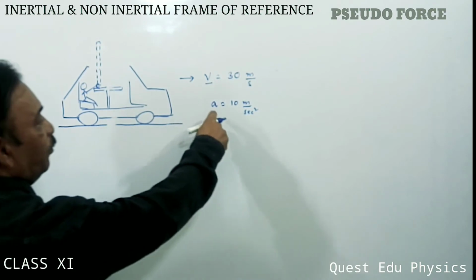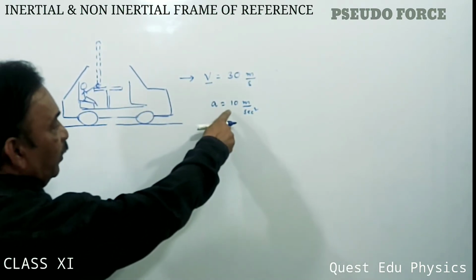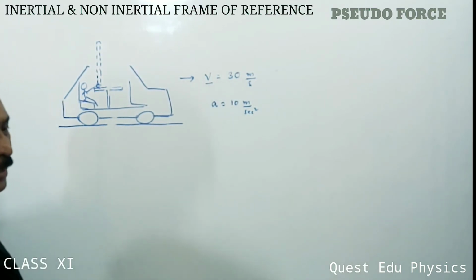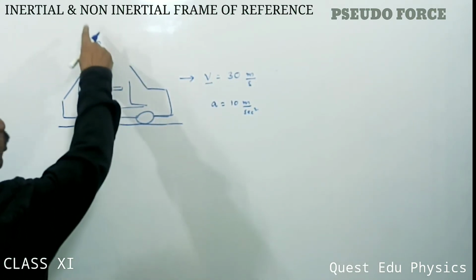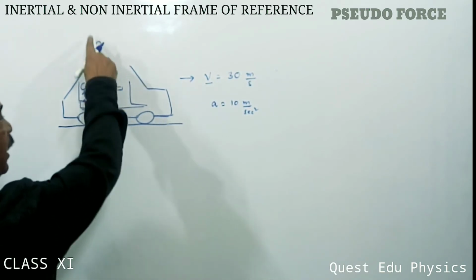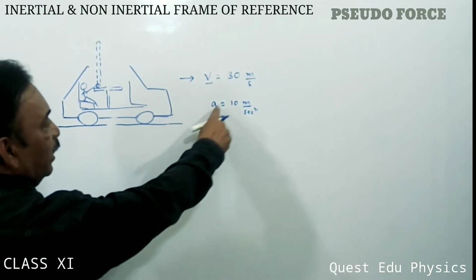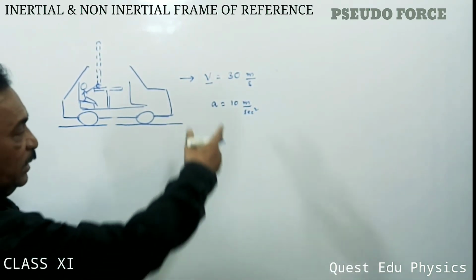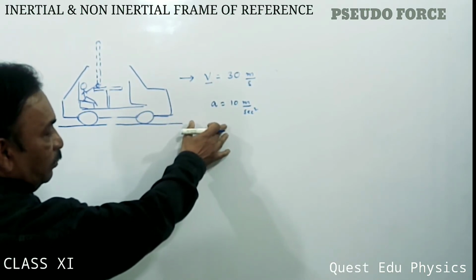What happens? Here the same vehicle is accelerating with an acceleration of 10 meters per second square. That means what? When you throw the body, it moves up and it is in the air. Meantime, what did happen? It is accelerating. It travels a further distance of 10 more meters.